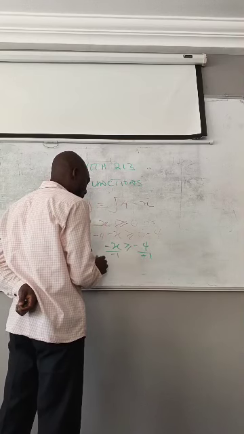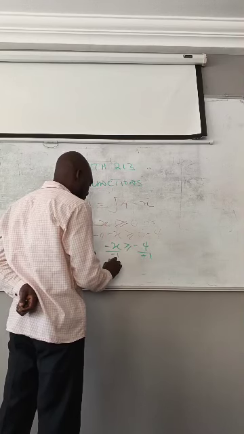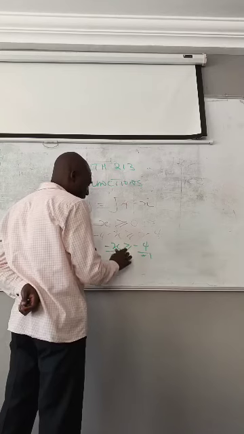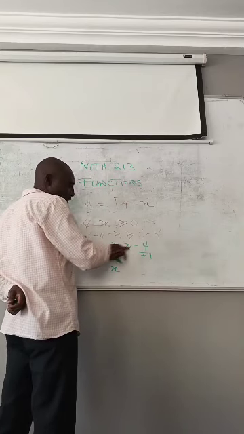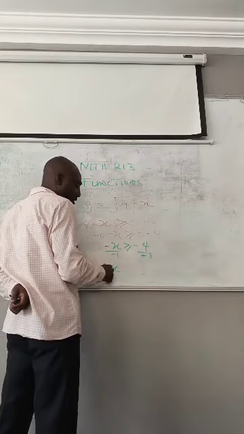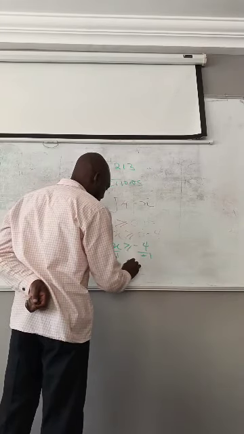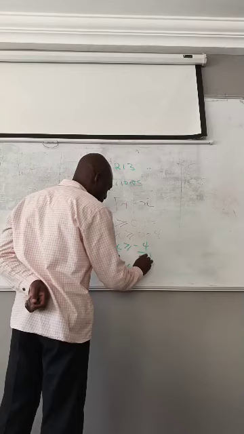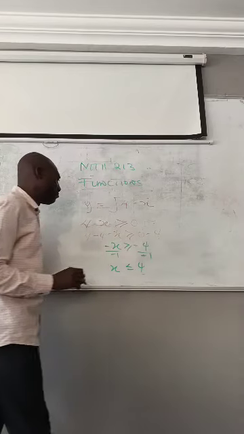And this will be x. When you multiply or divide an inequality by minus 1, the inequality changes direction. This will be x less than or equal to 4.